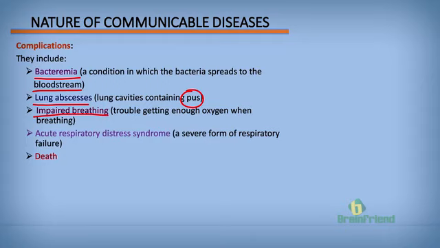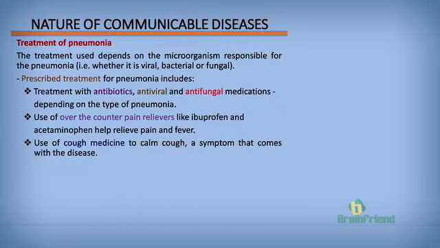This is trouble getting enough oxygen when breathing. Then another complication is acute respiratory distress syndrome, which is a severe form of respiratory failure. And then last here we have is death. Of course, some people die from this disease, especially if treatment is delayed or even ignored.